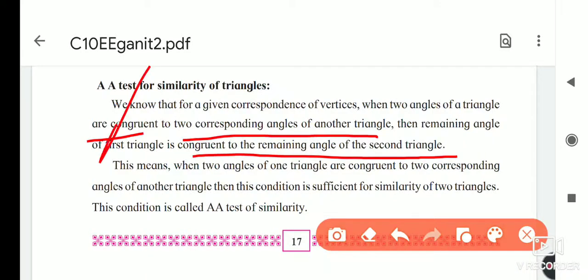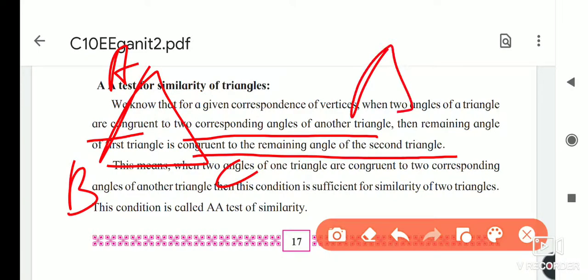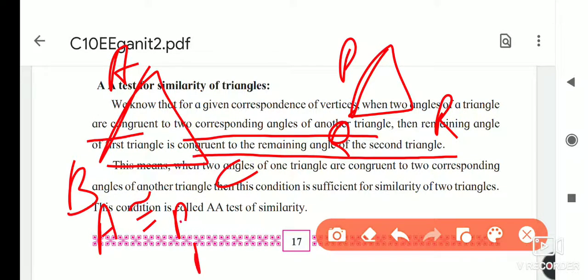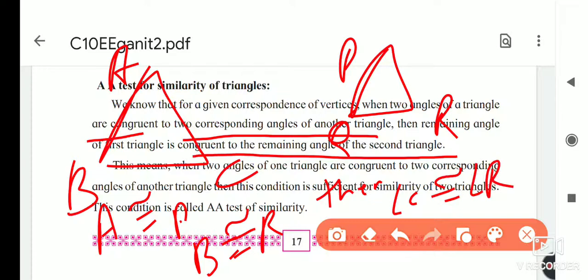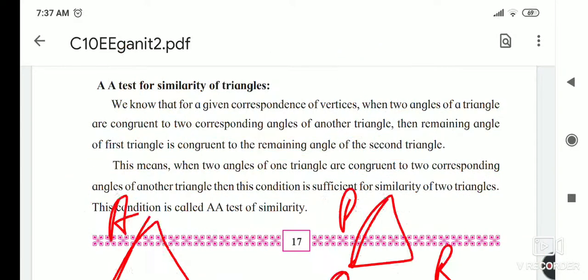This is triangle ABC and that is PQR. If angle A is congruent to angle P and angle B is congruent to angle Q, then angle C is also congruent to angle R. Understood? So that is the AA test.